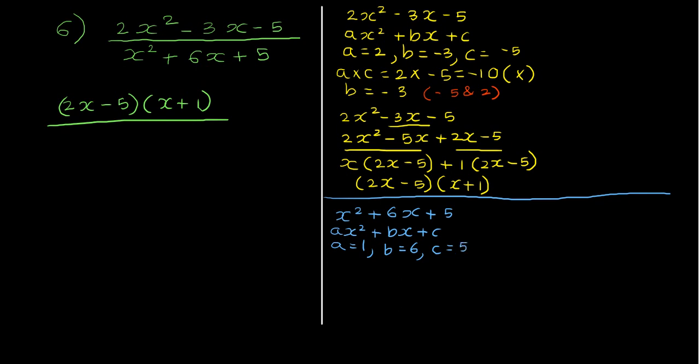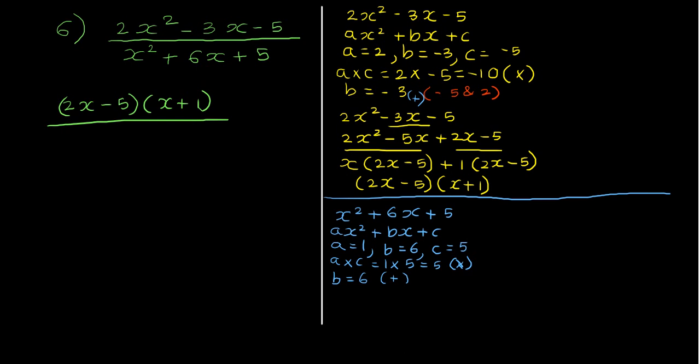We do a times c, which is 1 times 5, which is 5. And b is 6. So we need two numbers that multiply to give you 5, and those two numbers add to give you 6, so that's 1 and 5.